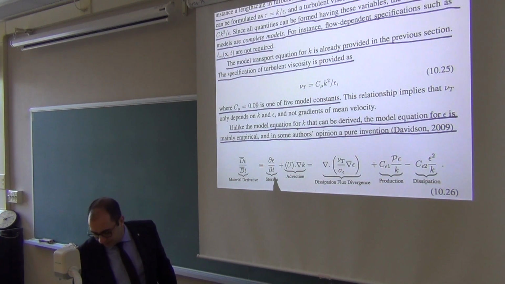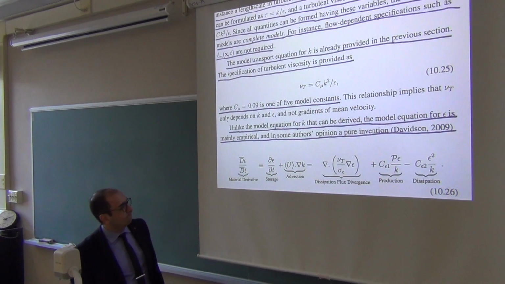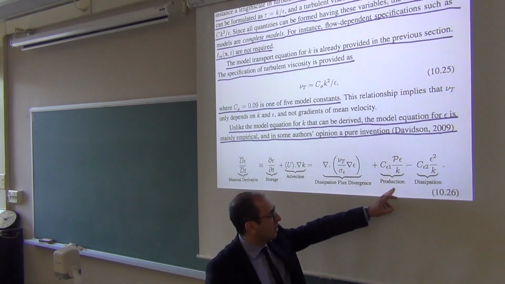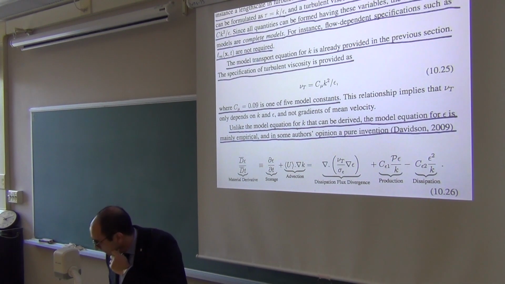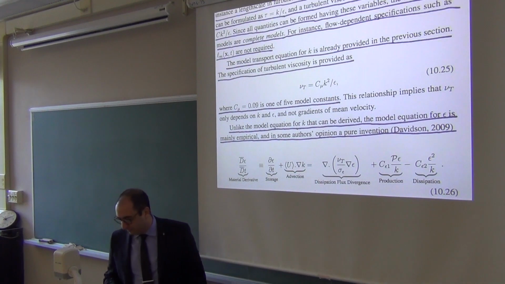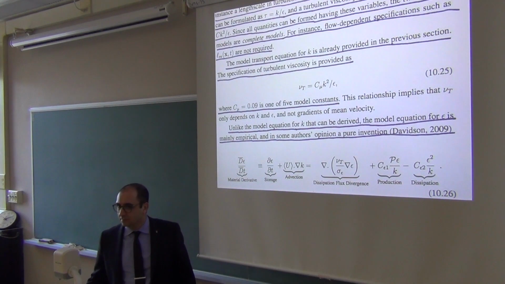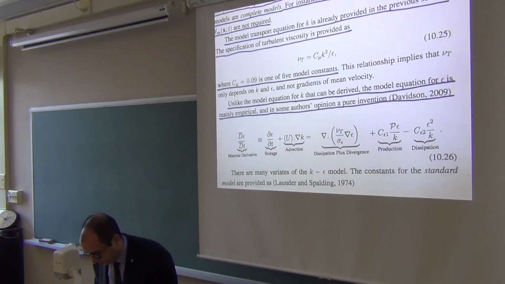Like here you see rate of change of dissipation rate, storage of dissipation rate. Here you see advection of dissipation rate, and so on. Flux divergence of dissipation rate, production, dissipation, and so on. So you have to accept this with somehow a grain of salt. There's no proof, and if you like, this equation is an invention. That's the best that was done to put it together.